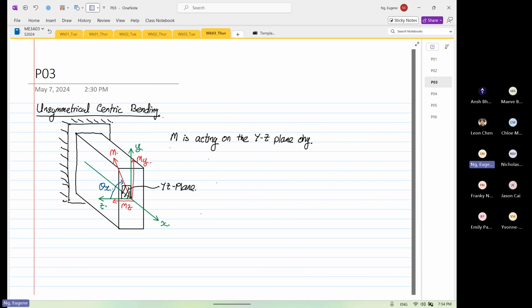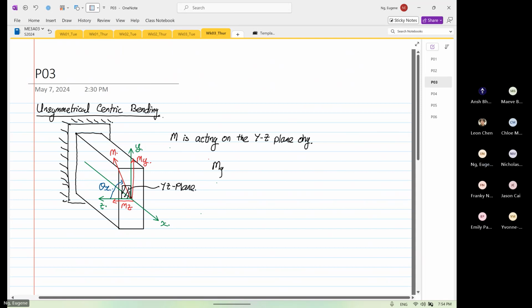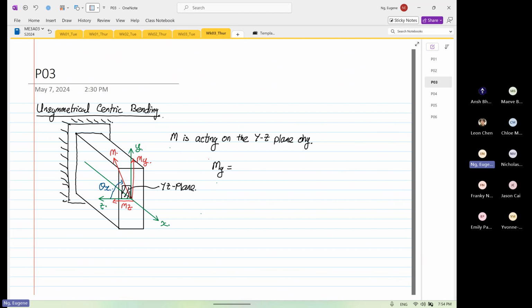So now we know that My is equal to M sine theta, and we are also aware that Mz is equal to M cos theta, measured in the x direction.